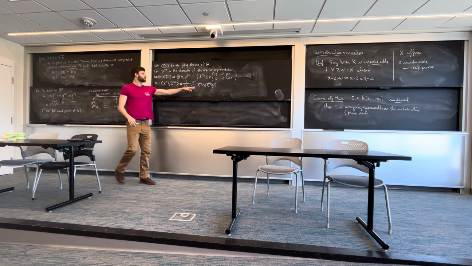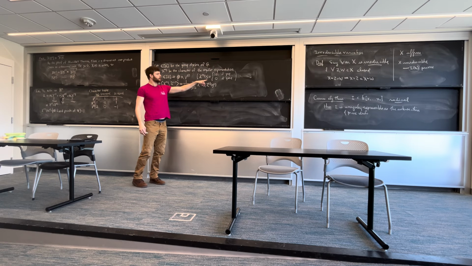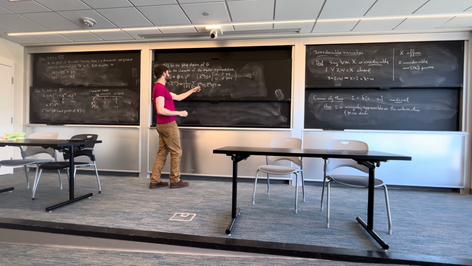And so now that makes this sum very easy, because if g is not the identity, we get 0 here, so that kills that term. And then if g is the identity, we just get the size of G. So I can say, okay, there's only one term in this sum that survives, which is when g is the identity.